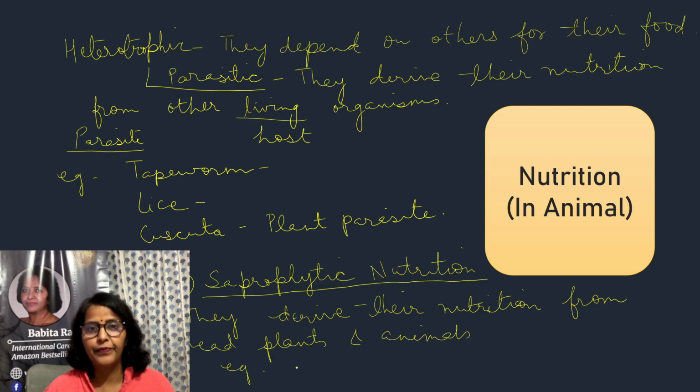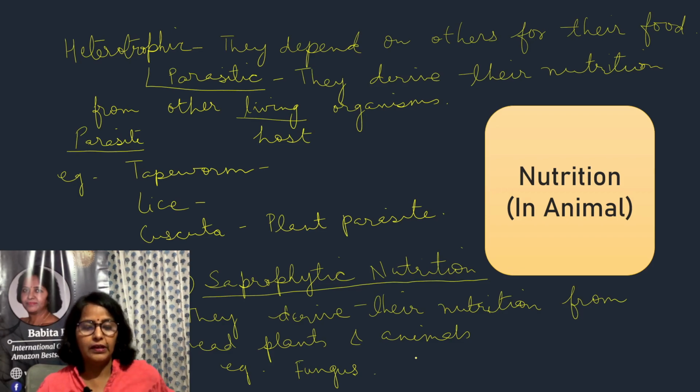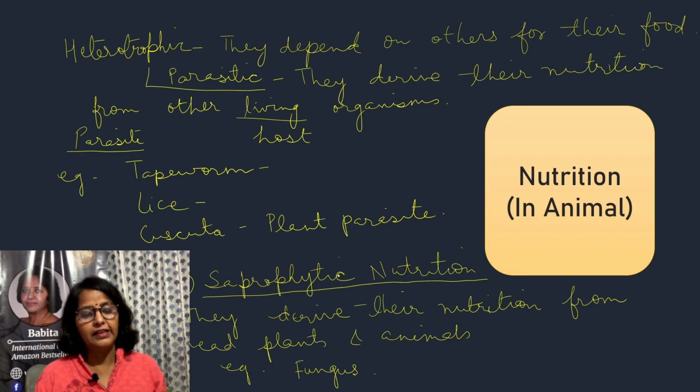Example is fungus, bread mold, mushrooms. These are examples of saprophytic nutrition.